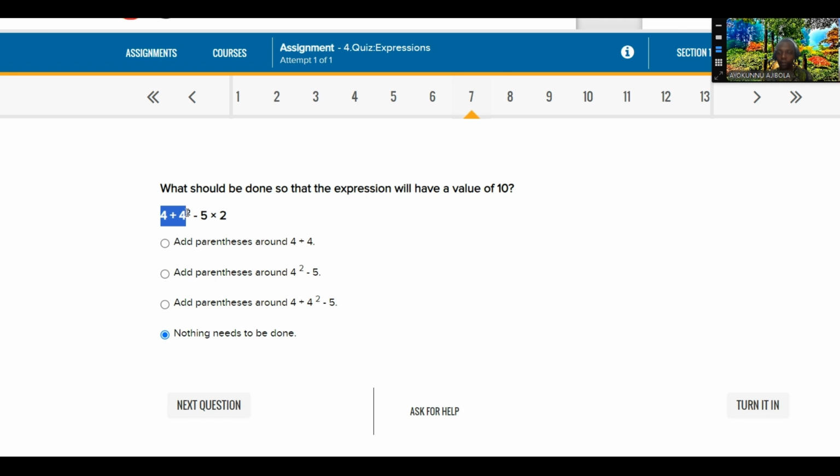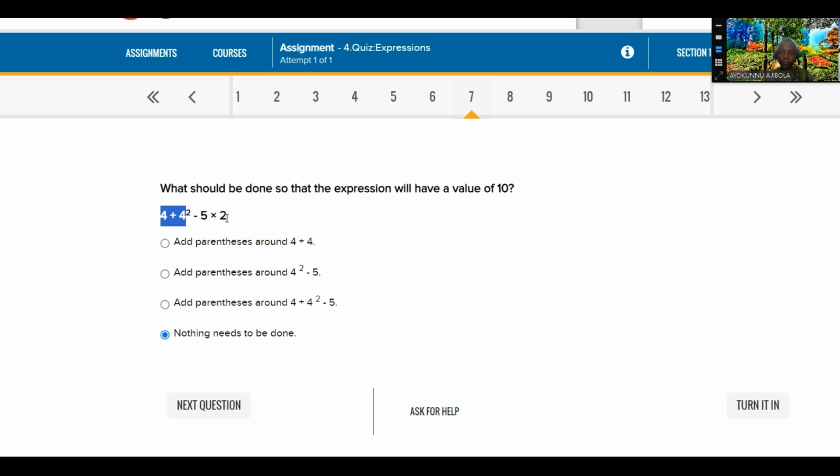Then 16 minus 5 is 11. Okay, we can't subtract first because we have to multiply. So this is going to be 5 times 2 is 10. So 16 minus 10 is 6.